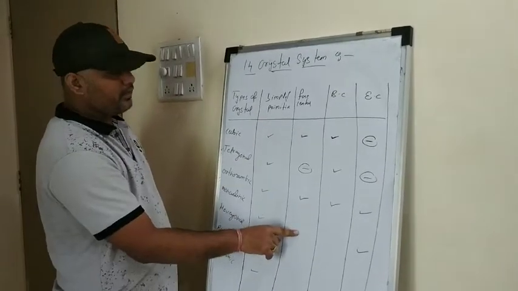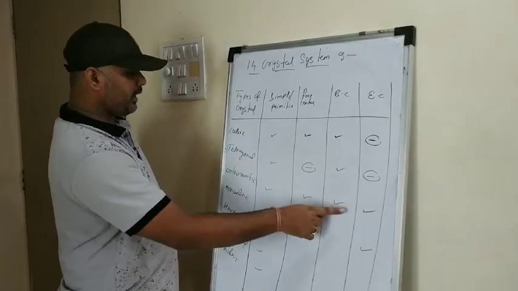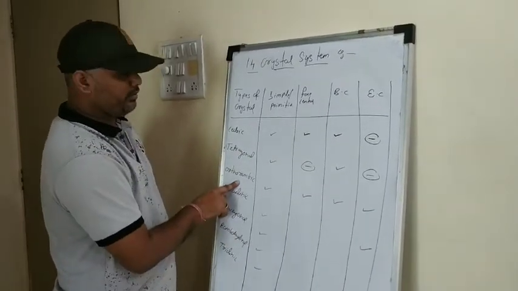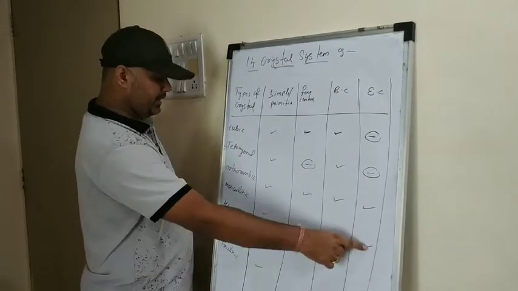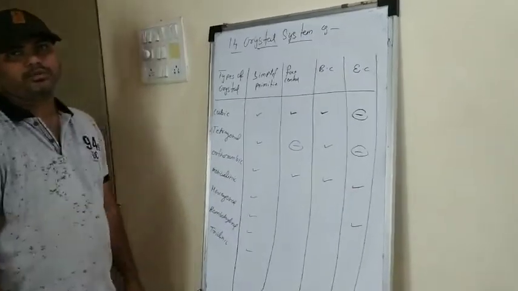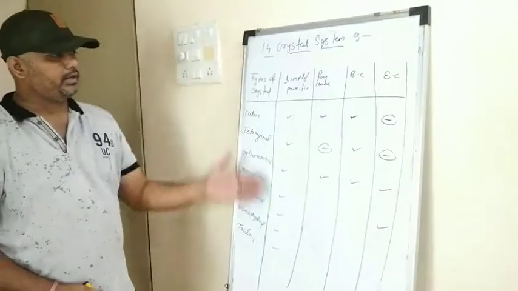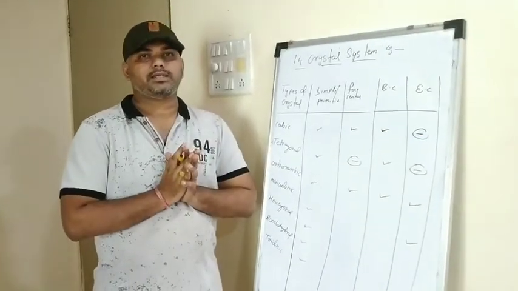This becomes your 9. Then body centered cubic, body centered tetragonal, body centered orthorhombic. This becomes your 12. Then end centered orthorhombic, end centered monoclinic. So 12 plus 2 equals 14. So this is our 14 crystal systems. I hope that you might have understood this.